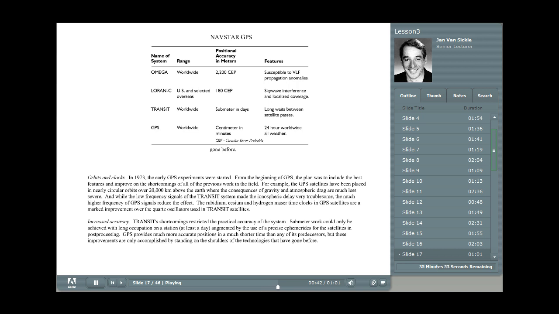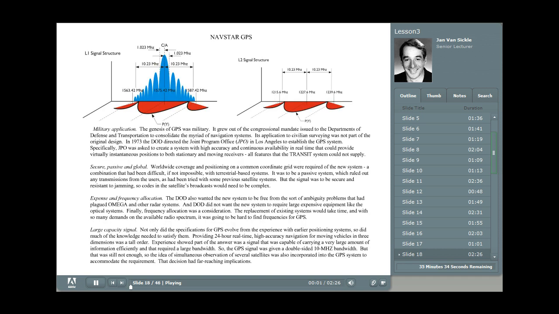Also, the rubidium and cesium oscillators on GPS were obviously a big improvement over the quartz crystal oscillators used in the transit satellites. So again, the GPS system built on the shoulders of the systems that came before it.